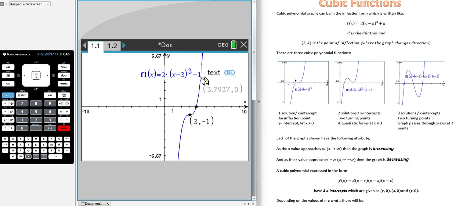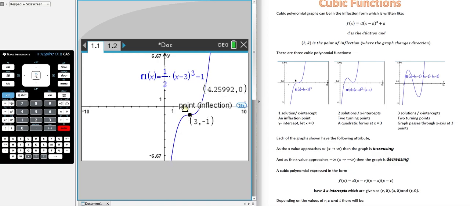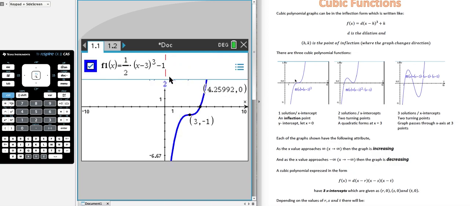Same as when we do a quadratic, the higher the dilation, the steeper it is. If I change it to 1/2, the wider it gets. In other words, the distance from the y-axis gets further apart. So it just depends on our dilation.